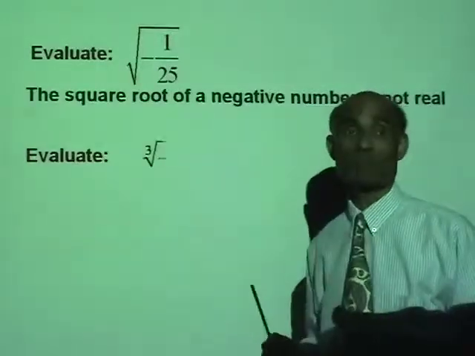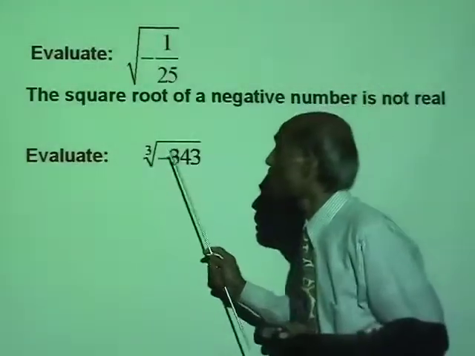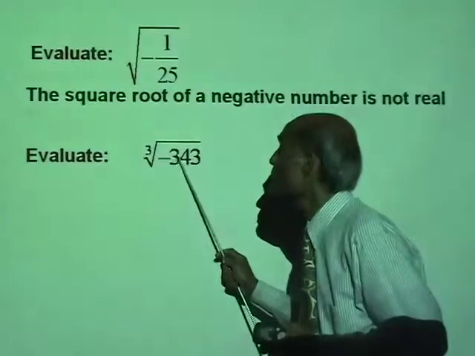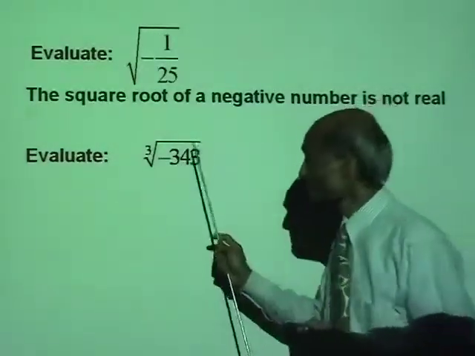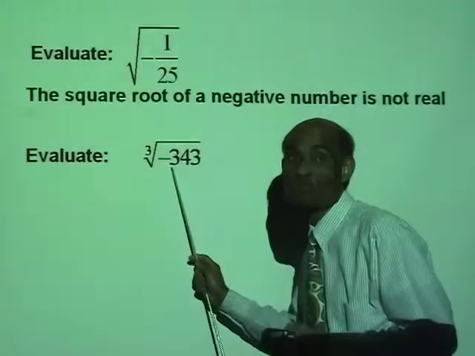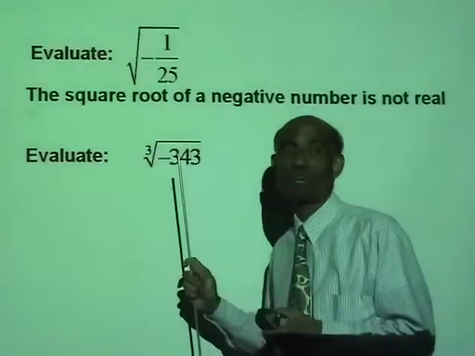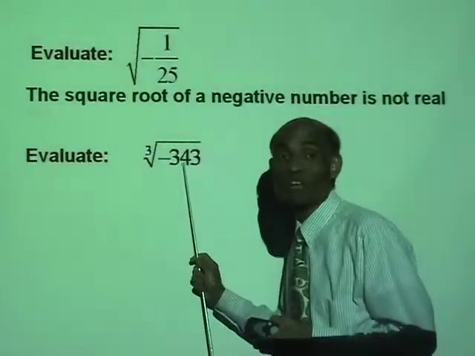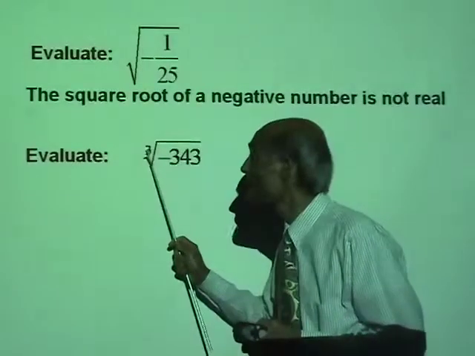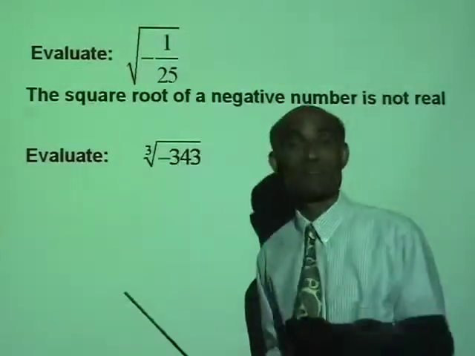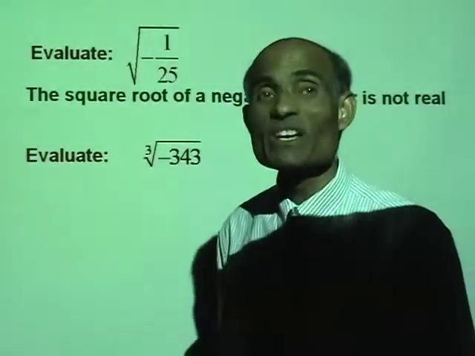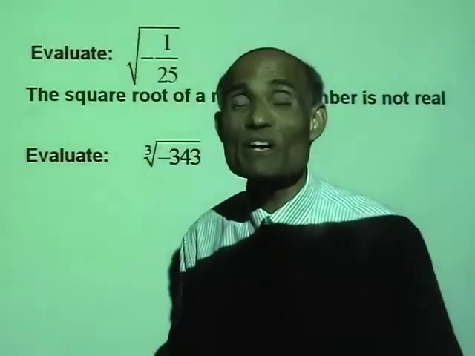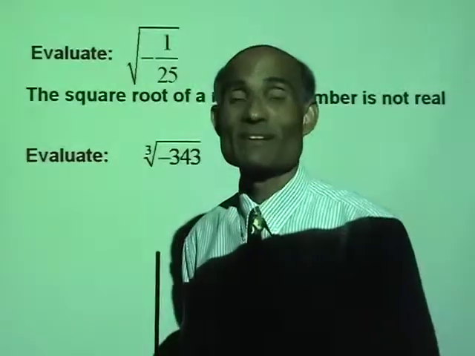Let's do another one. Cube root of negative 343. I'm sure you remember this number 343. Can you write this as a number raised to the power of 3? Yes. 343 is 7 raised to the power of 3.